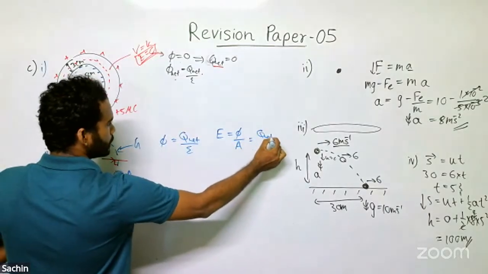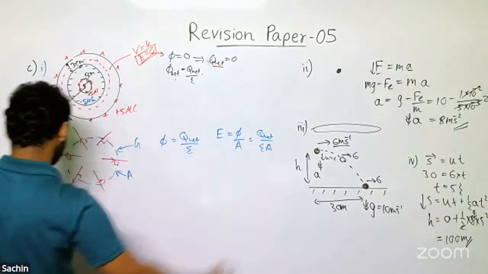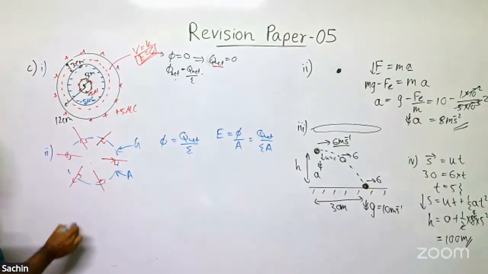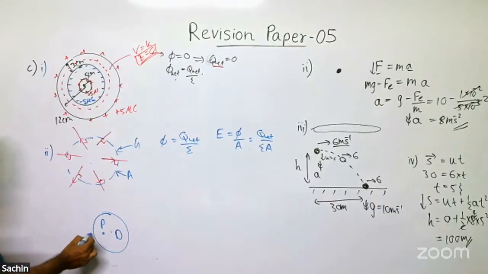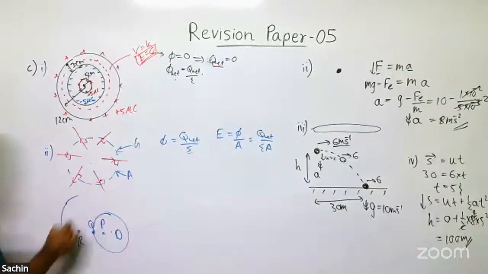Just Q divided by epsilon. So this is O. The point P is something like this. Q is here. R is here. Then the shell comes.